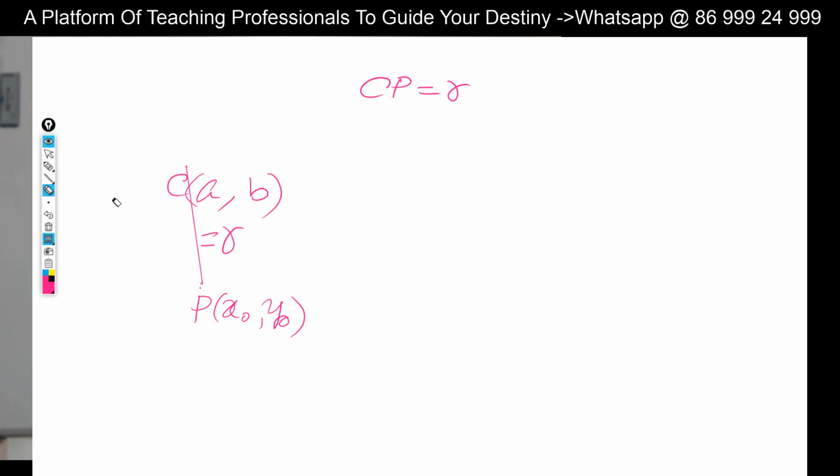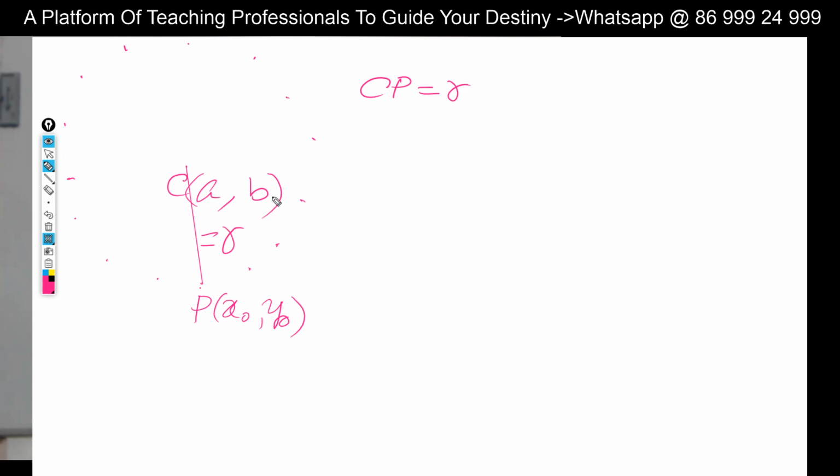This is one point, this is another point, this is another point, this is another point. How many such points will be there? Infinitely many will be there. All these points are at equal distance from the fixed point C. This is what the definition says.